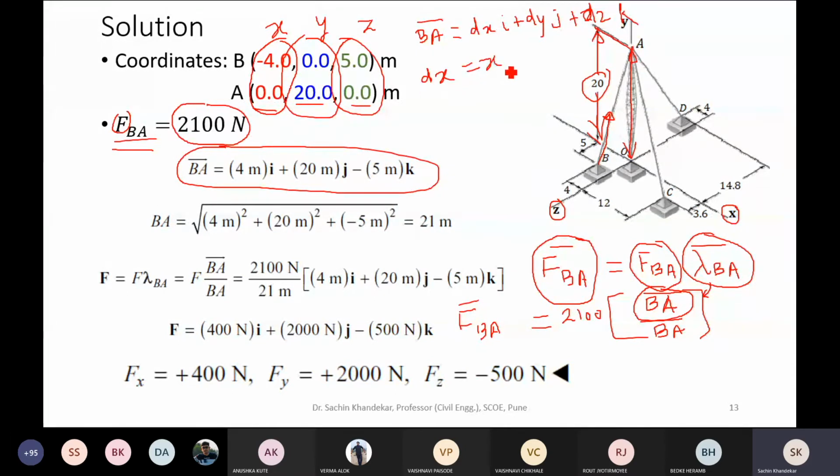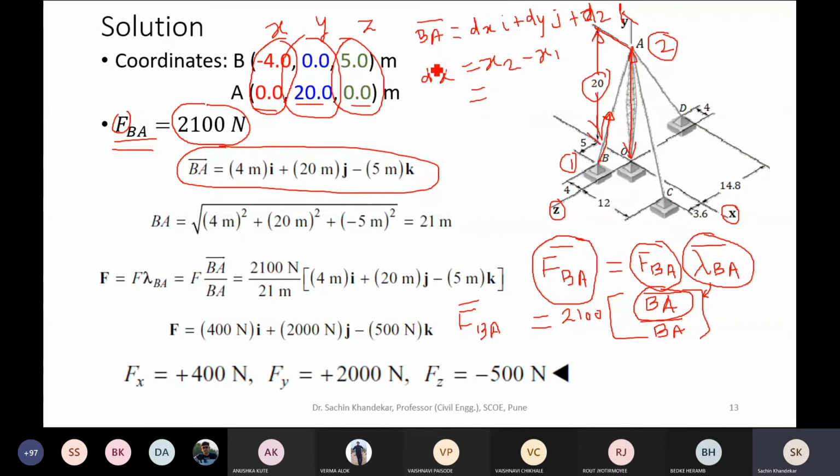Dx is x2 minus x1, correct? X2 means the x coordinate of the second point. Please note that here B is the first point and A is the second point, which is very important, because force is acting from B to A. So coordinates of the second point minus coordinates of the first point, right?